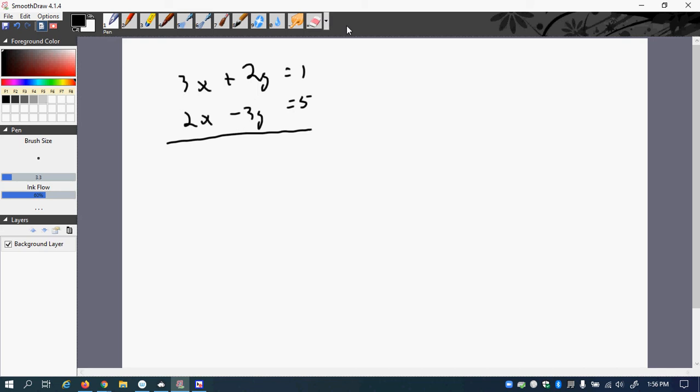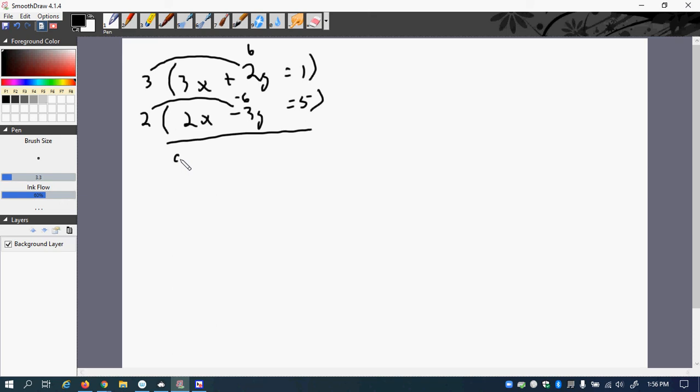So I can see I can eliminate the y's since they're opposite in sign. So I'm going to multiply this one by 3, and I'm going to multiply this one by 2, because then 3 times 2 is 6, and 2 times negative 3 is negative 6. So they'll be opposite in sign.